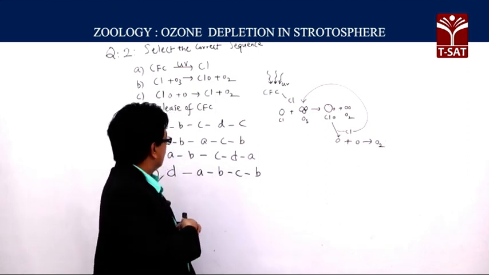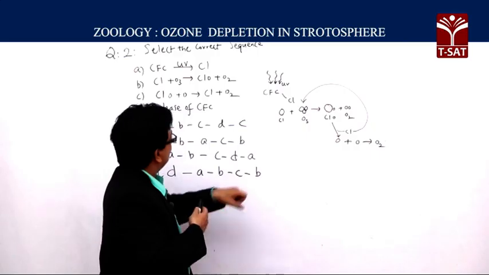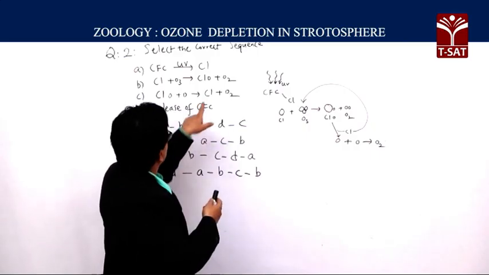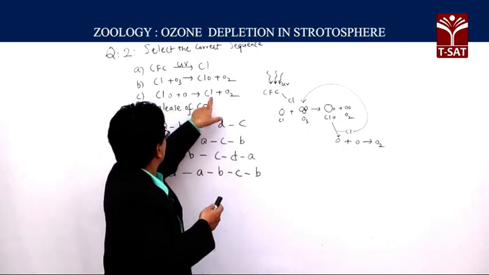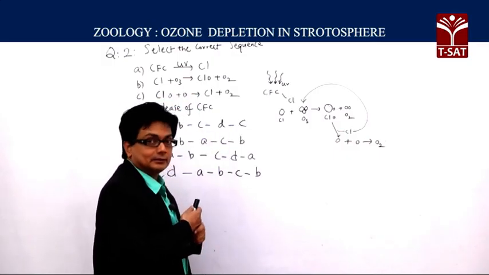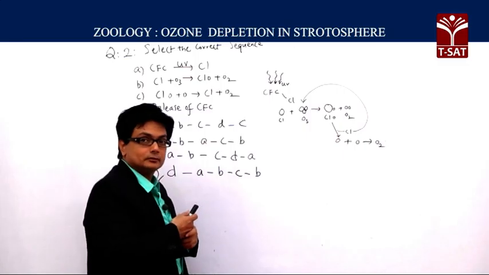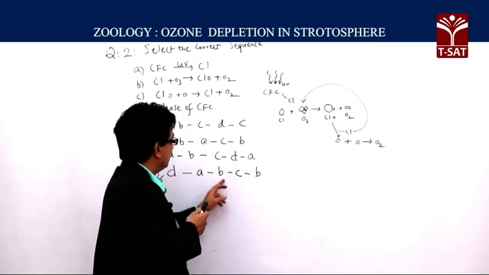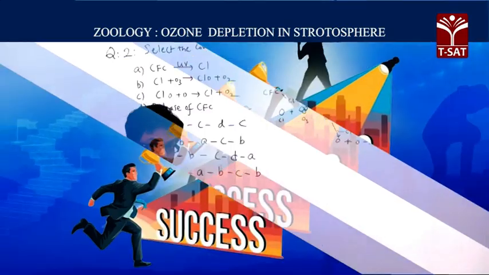So again see this B, why B again? Let's see why B again. The free Cl will once again show that same repetition of the chemical reactions. So the answer is D, A, B, C and B again, because of the Cl which is free.